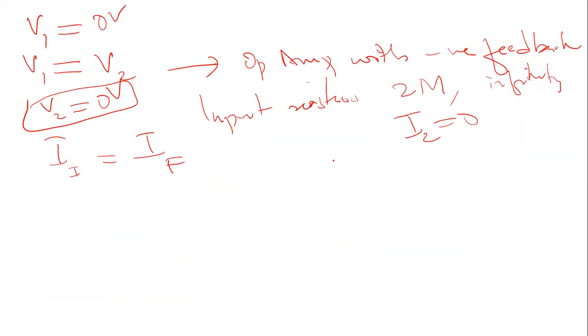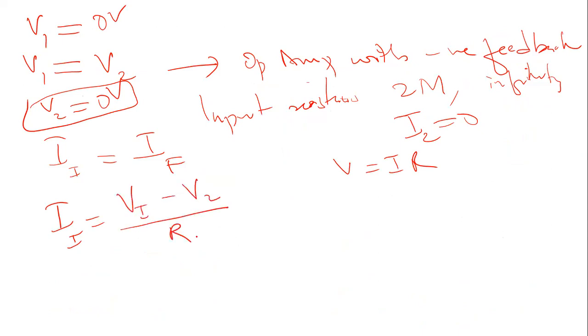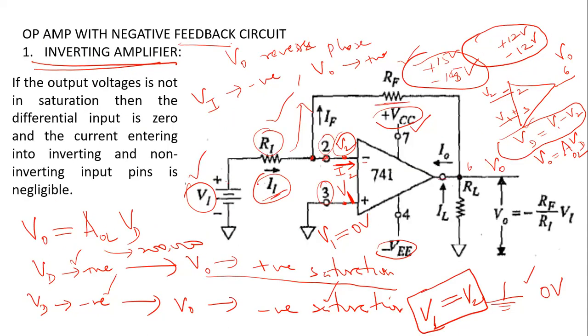According to Ohm's law, V is equal to IR, right? So your II will be the potential difference, that is VI minus V2, upon RI. The current passing through this resistor RI will be VI minus V2 divided by RI. Potential difference upon resistance will give you your current II, right?